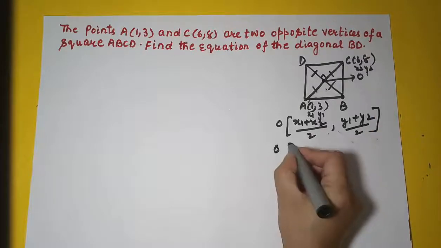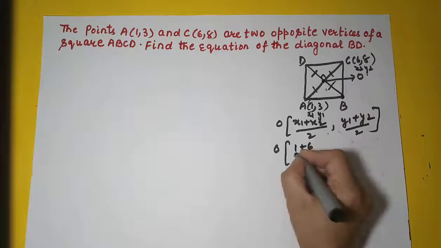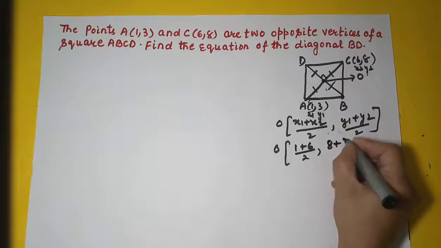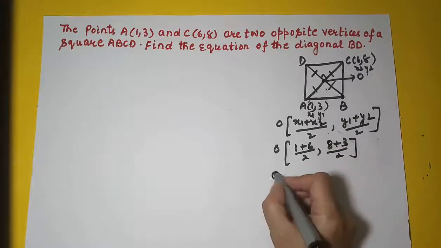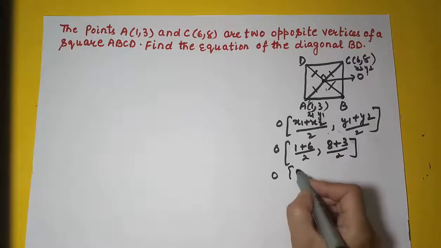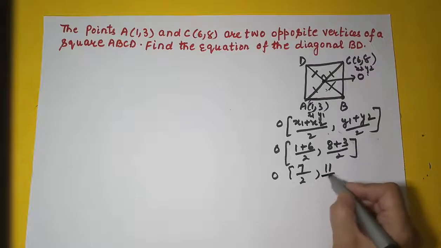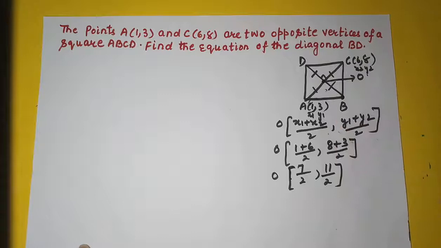So coordinates of O will be (1 plus 6) divided by 2 and (8 plus 3) divided by 2. So you have the coordinates of O as 7 upon 2 and 11 upon 2. So you found the coordinates of this midpoint, right?